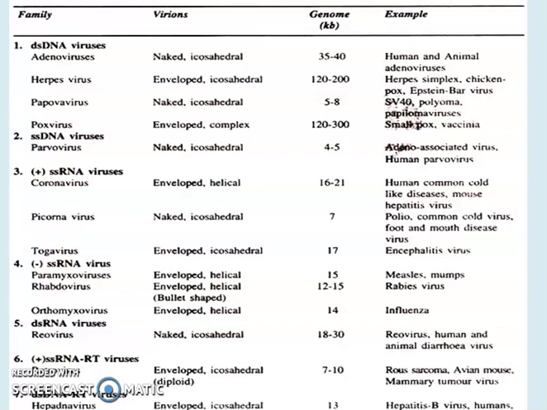The Baltimore system is based on how viruses use the genome for the production of mRNA and protein to produce infectious virions. Based on this, we can classify viruses into 7 classes. And we have seen certain examples of these classes also.